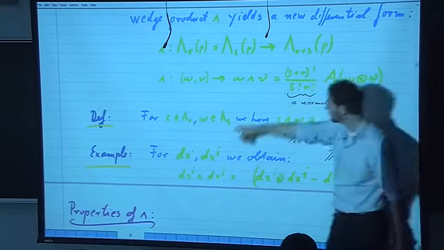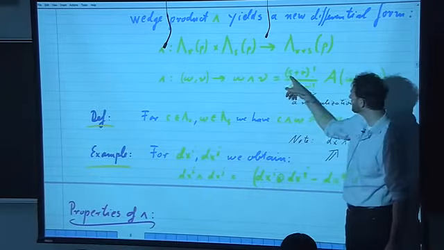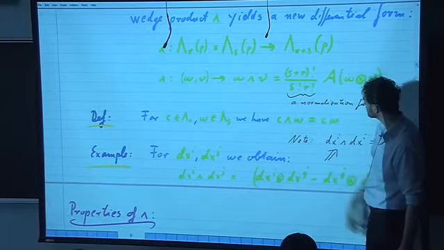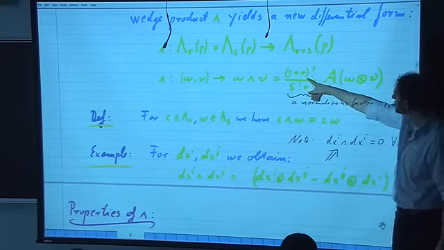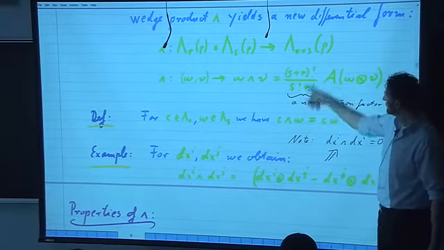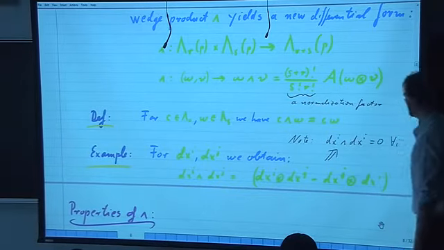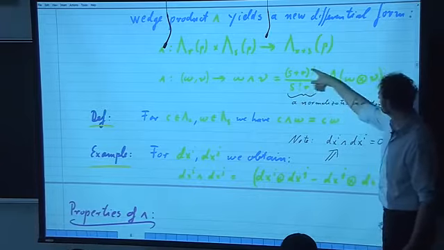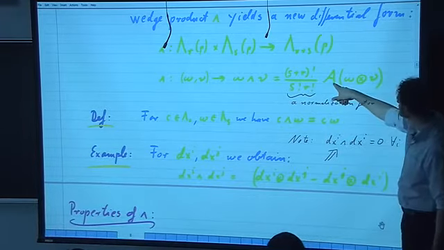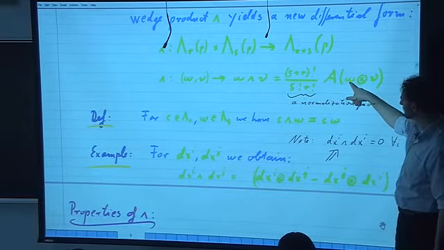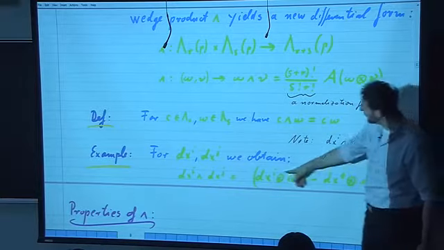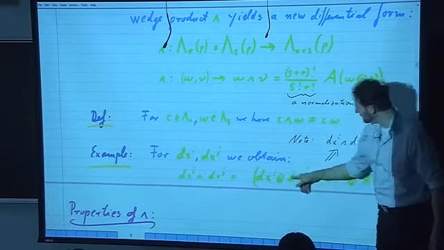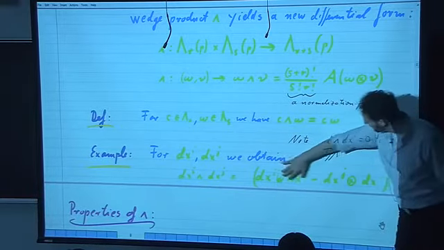Let's see. This is a one form, that's a one form. So S is 1 and R is 1. So we have 1 plus 1. That's a 2 factorial, that's a 2, and down here we have a 1. So we have overall here a factor of 2. And we have to antisymmetrize the tensor product of dx^i and dx^j. So when we antisymmetrize dx^i and dx^j, we obtain this minus that.